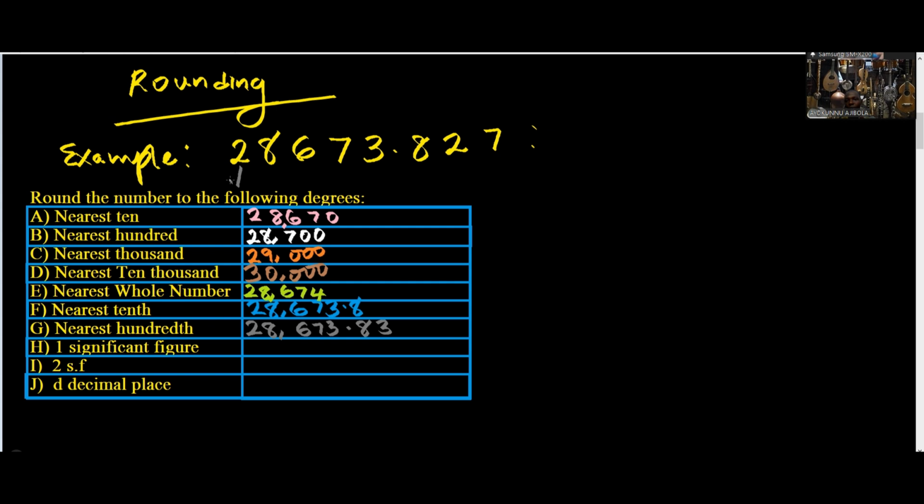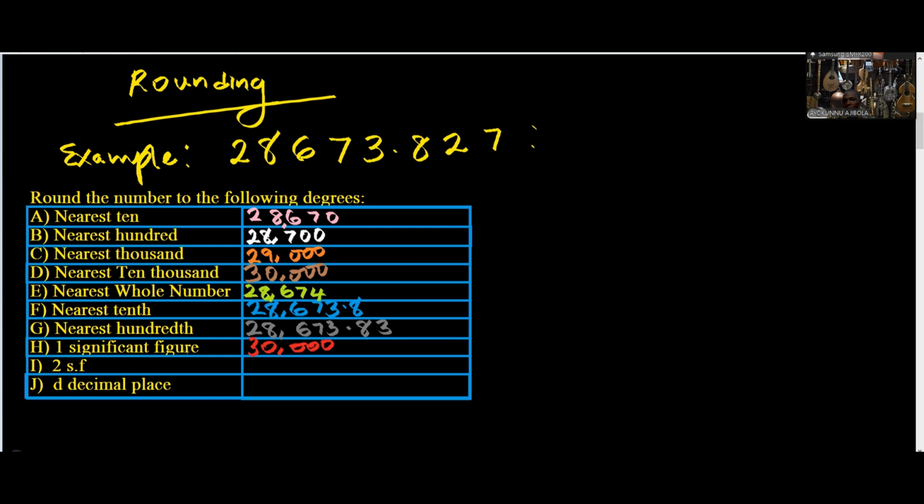So the value of the 2 is greater than the value of the 8. The value of the 8 is just 8,000, while the value of the 2 is 20,000. So to one significant figure, we are stopping here, and this one will change to 3, then it will become 30,000.